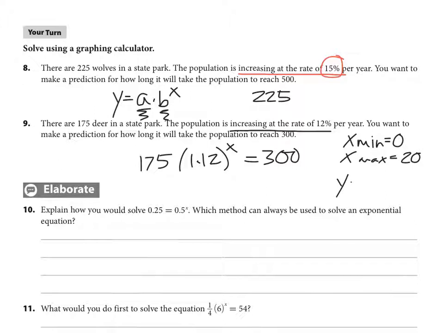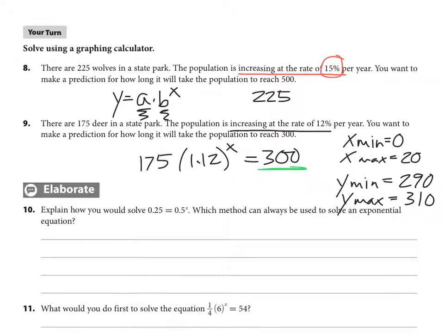Now, y min, okay, again, I want it equal to 300. So I'm going to make y min be 290. And let's make y max be 310. That way 300's right there in the middle. So whenever I do this, I've got to set my window up based on the criteria of the problem. Okay, press graph.